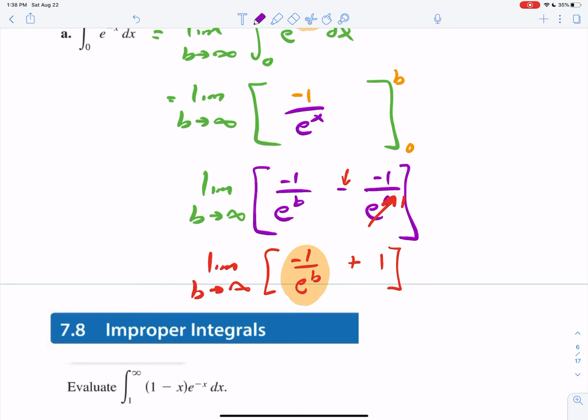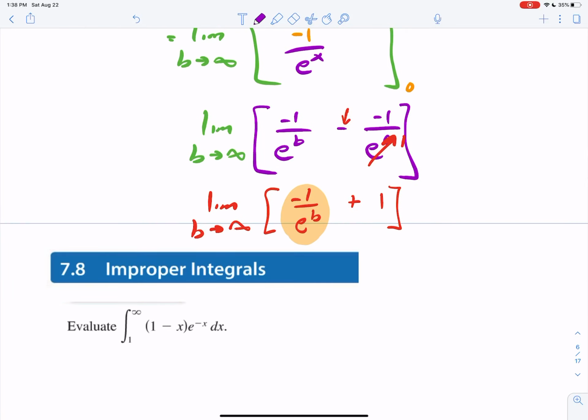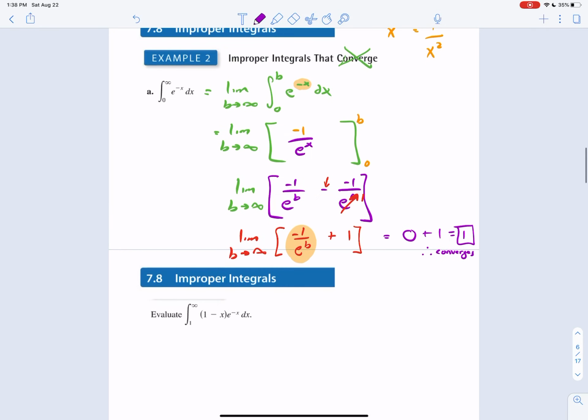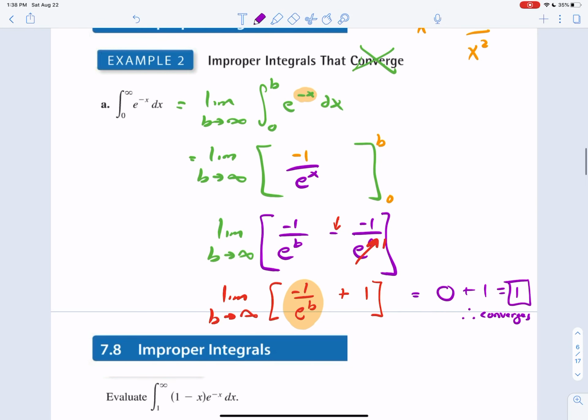When the denominator gets really large, that thing there goes to 0. So you're just left with 0 plus that 1, which is 1. I mean, you don't have to write it, but I'll write it here. Therefore, you know it converges. That means that when you're finding the area here, you actually get something that's really close to an area of 1 square unit. It doesn't go all the way to infinity.